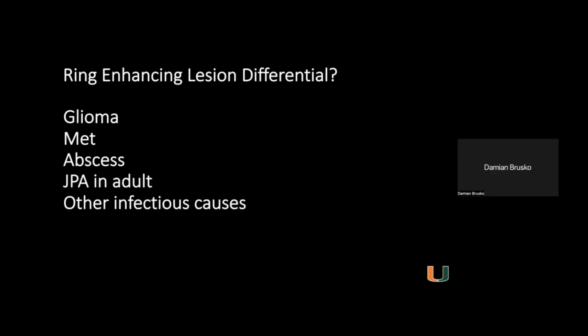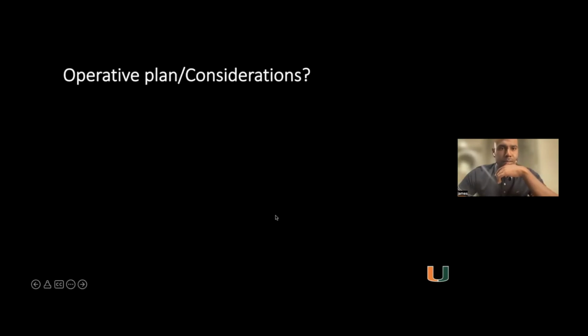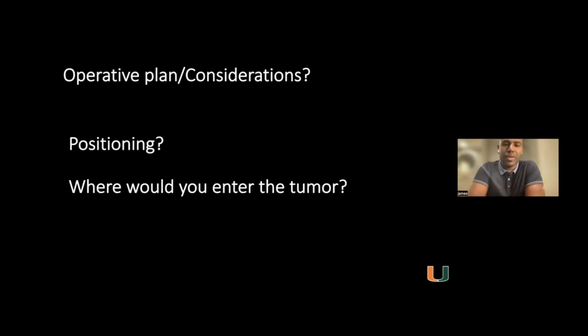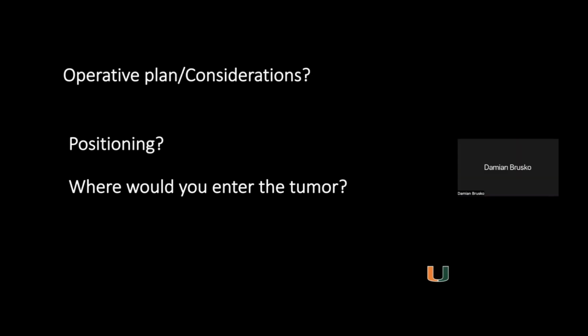Yeah. Okay. So next, what's your plan? I'm assuming you're going to say resect, but what considerations would you have, in particular positioning, and where would you enter these tumors in general? This is just the general school of thought for tumor surgery. You'd want to traverse the least amount of normal brain possible to get into the tumor.